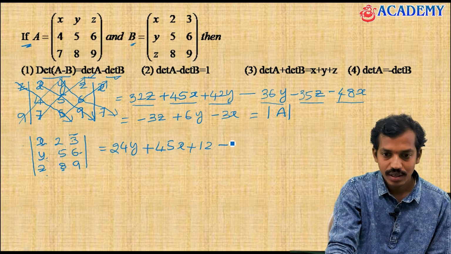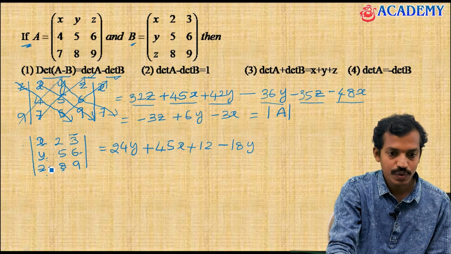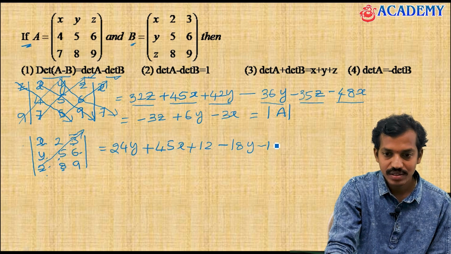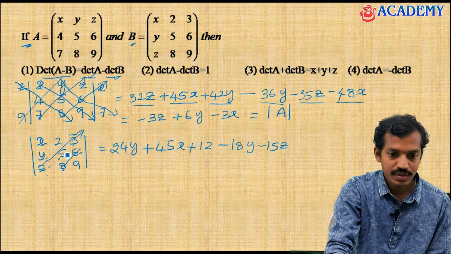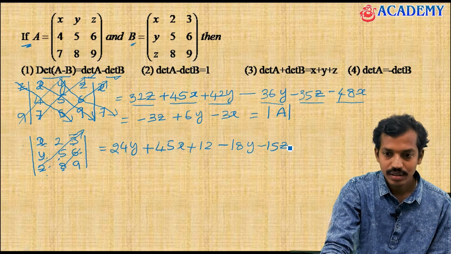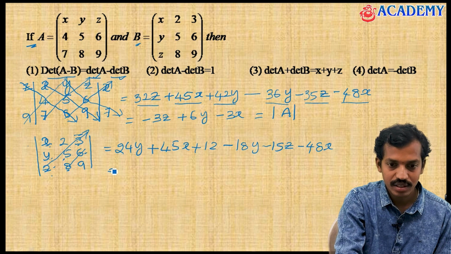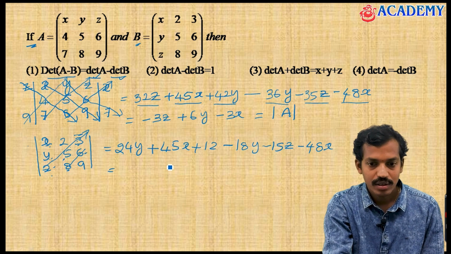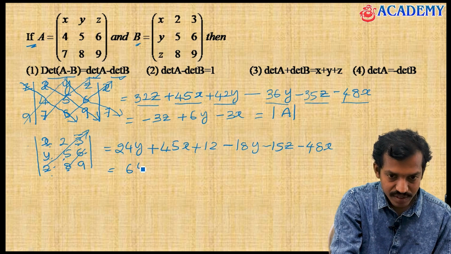That is 18y. Next, z into 5 into 3 is minus 15z, next 8 into 6 into x is minus 48x. Now I am writing the answer: 24y and minus 18y is 6y.